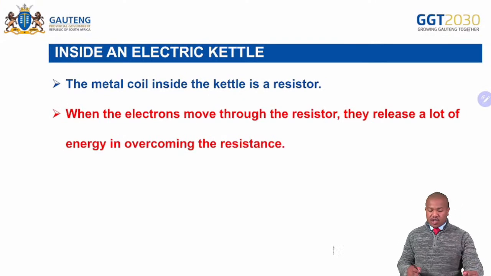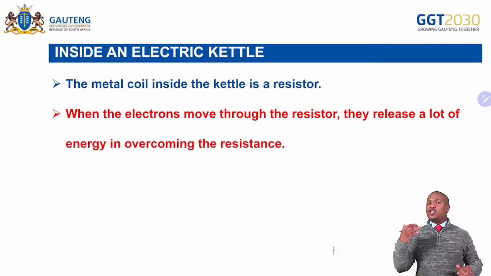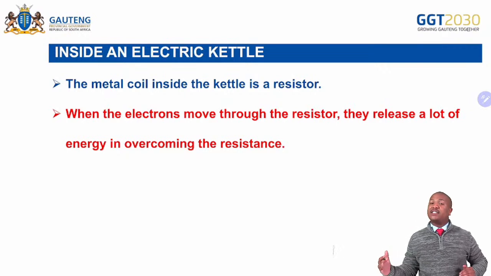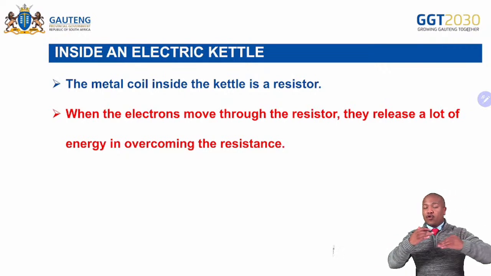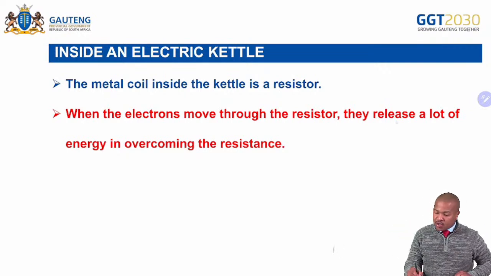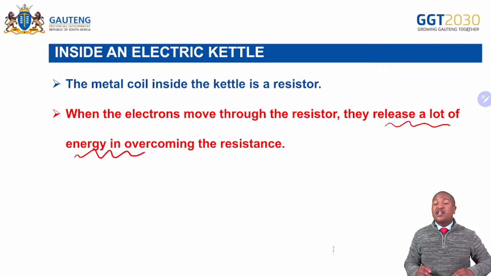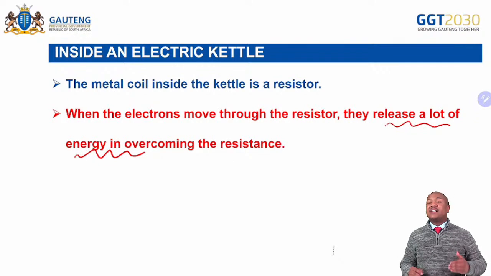So when the electrons move through the resistor, they release a lot of energy in overcoming the resistance. As I told you, the resistors are fighting against the flow of electricity. So there's high energy that is used in overcoming the resistance.